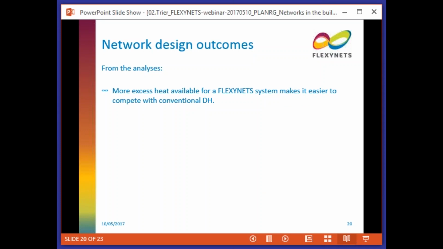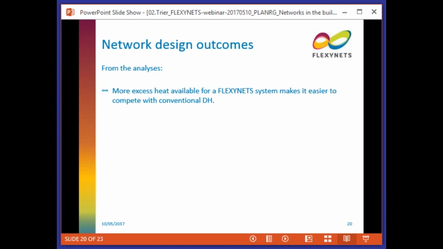That also affects the feasibility, and in general it seems like it's not feasible to place the ring at the very outskirts of this area that we would like to supply, but you should rather place it more centralized in order to supply both inwards and outwards with such a ring structure.